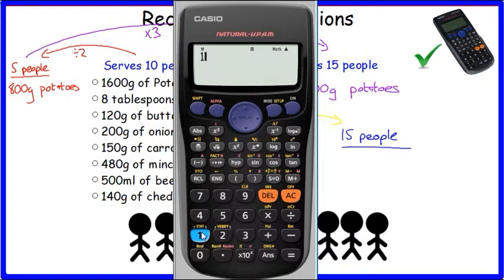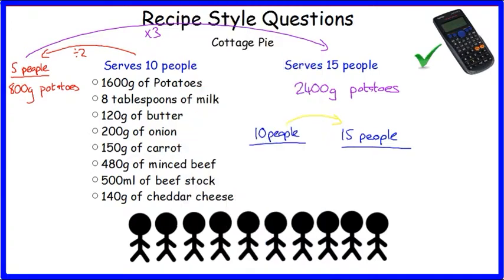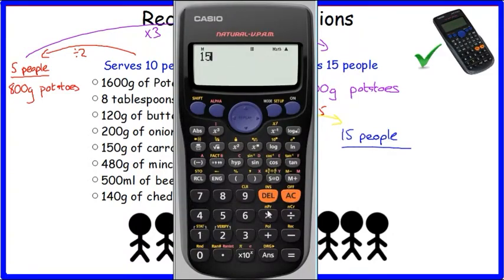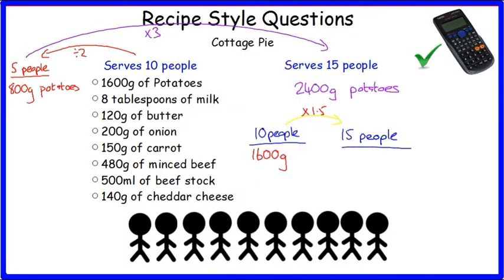If I do 15 divided by 10, I get 1.5. So let's multiply by 1.5. That many grams multiplied by 1.5 gives me my answer straight away. So that would be the method.